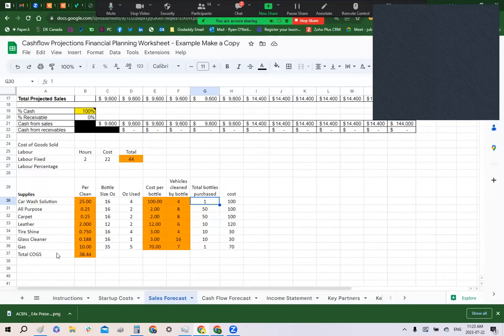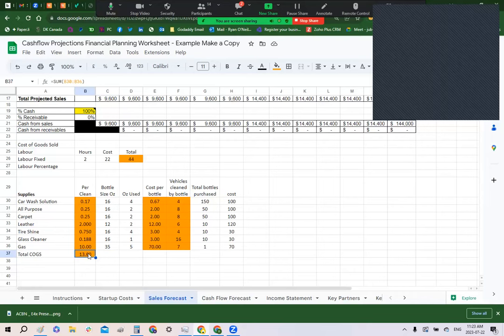So you notice it gives you a total down here. Oh, I better change this back. All right, so for an example, we have the car wash solution. So it's 17 cents, 25 cents, and it adds up down to $13 in supplies.